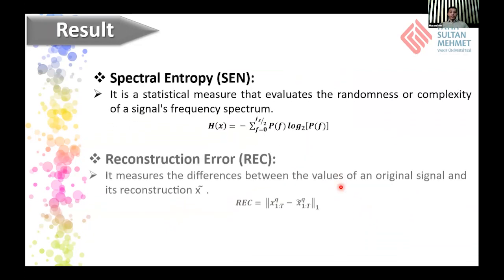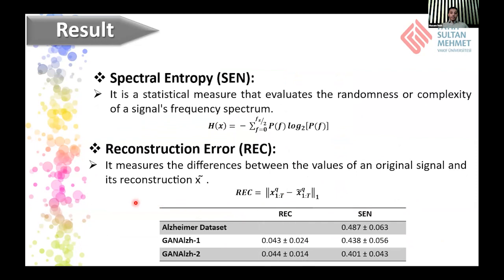Now our results. After the data set has been processed and the channels divided, every channel is trained for around 10,000 epochs individually. After that, we ran some tests on them. One of them is spectral entropy and reconstruction error.